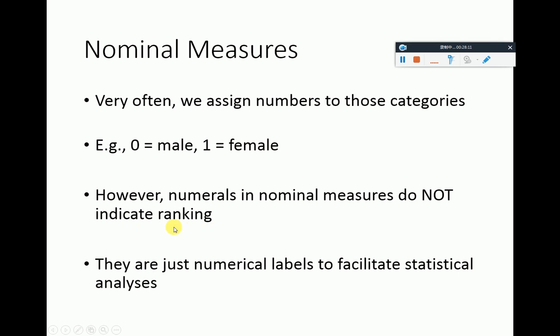Definitely, as we say here, the numbers do not indicate any sort of ranking. 0 and 1 simply means that these two categories are different. That's it. It indicates difference, but does not indicate any ranking of differences. Okay? They're just labels, in other words, and they're randomly assigned labels. And the reason that we need to assign numbers is because later on when we use Excel, for example, to analyze data, Excel does not really recognize words.